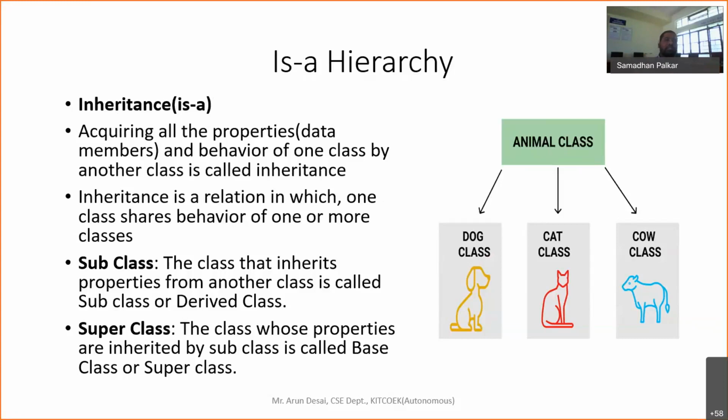So inheritance is a relation wherein there are two classes and one class shares the behavior of another class. In that relation, one class is treated as the base class or super class, and the other class is treated as the derived class or subclass. Don't bother about those concepts.